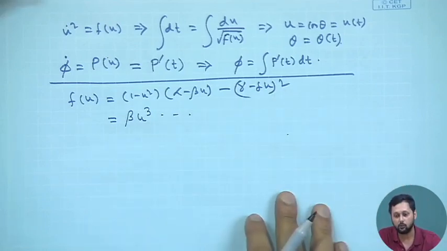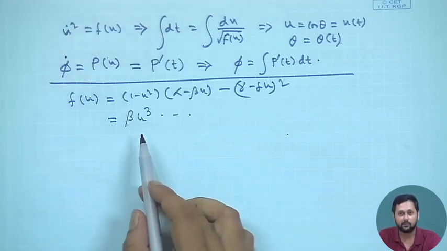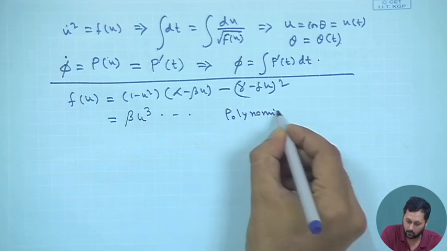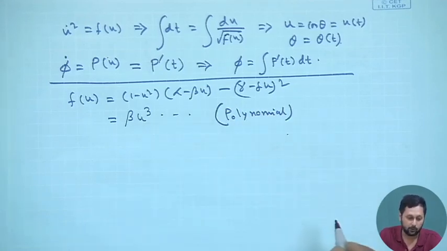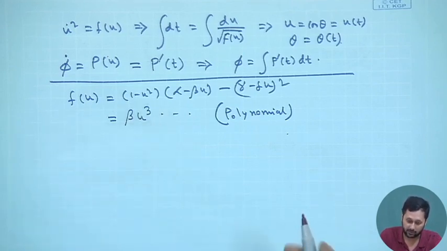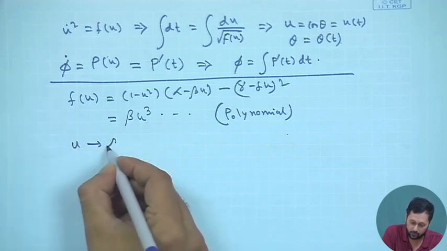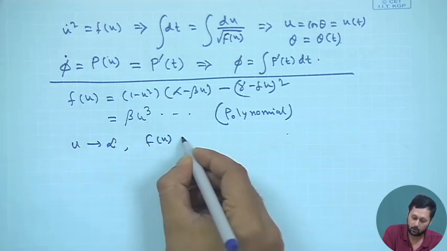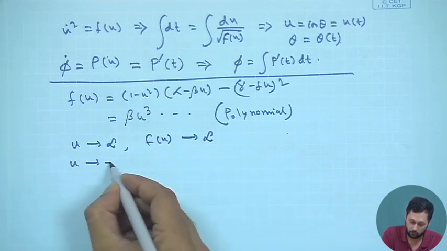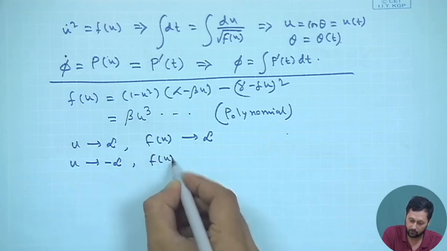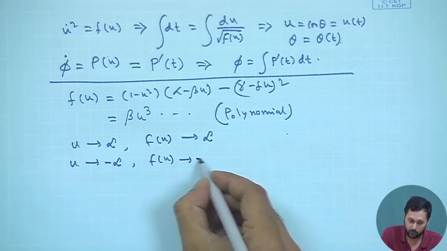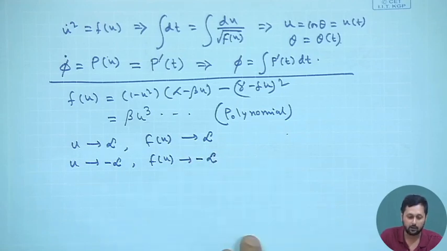So, it is a polynomial with the leading term of u cubed. That means as u goes to infinity, f of u goes to infinity on the positive side. As u goes to minus infinity, f of u, because u cubed is an odd function, also goes to minus infinity.